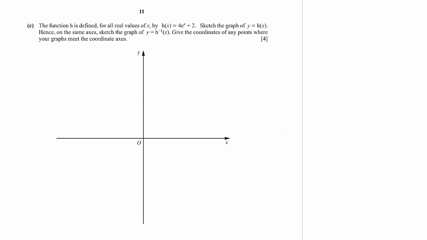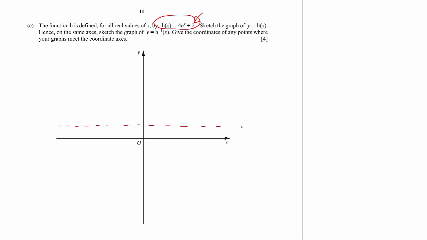The function h is defined for all real values of x by h of x is 4e to the x plus 2. Sketch the graph of y equals h of x, hence on the same axes draw the graph of the inverse. Okay, so let's concentrate on this one first. Well, the plus 2 means that the normal asymptote is going to be moved up.